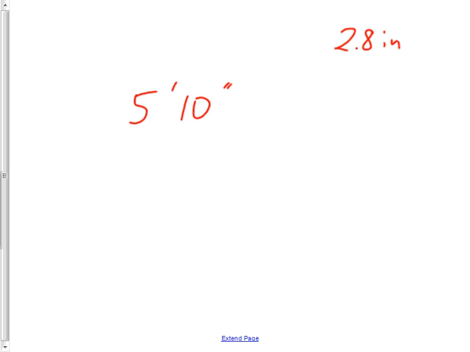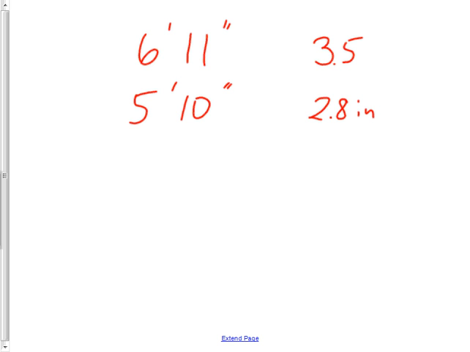So I'm going to put that data in, and we're going to go with a 6'11" guy has, let's say, a 3.5 inch pinky, and let's say that a 5 foot guy is going to have a pinky of, let's see, what would you feel like is about proportional there? I'll go with 2.4. It really doesn't matter that much.